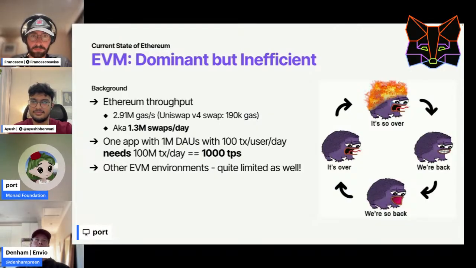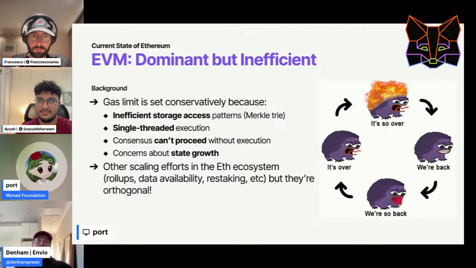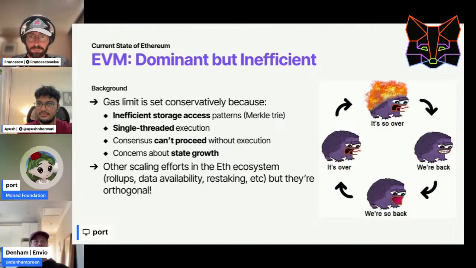But we have the problem of it being too expensive at times and too slow most of the time. Monad, on the other hand, is very fast and cheap. Also, the storage access patterns in Ethereum are not really efficient.